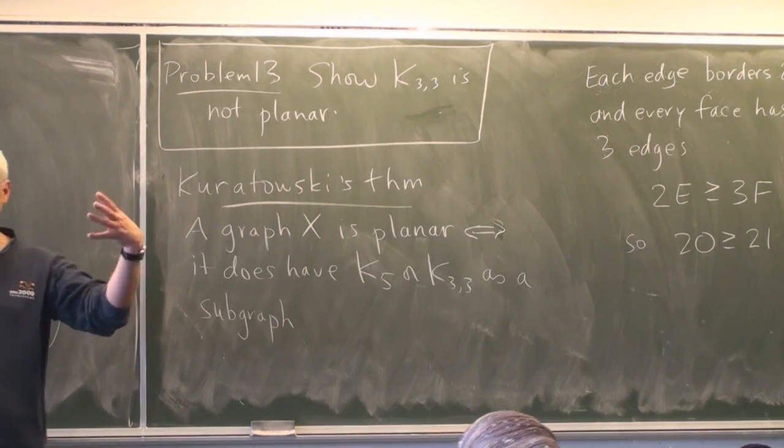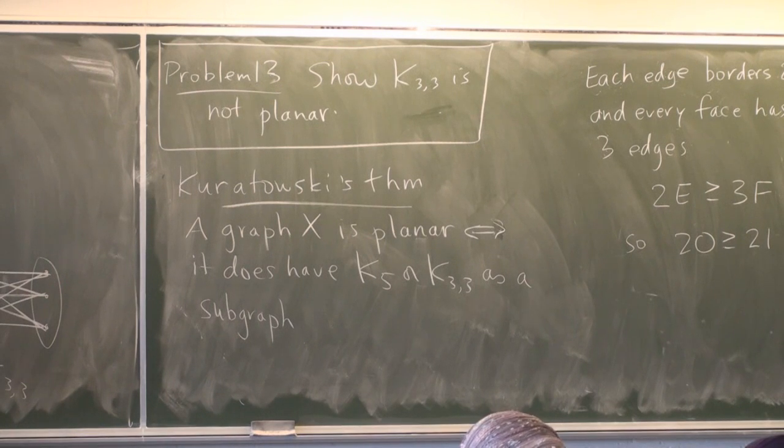So if you have some very complicated graph and you're trying to figure out whether it's planar, it might be simpler to look around to see if you can find any complete 5 graphs inside or any complete 3 bipartite graphs, and then you could reason that it's planar or not planar.